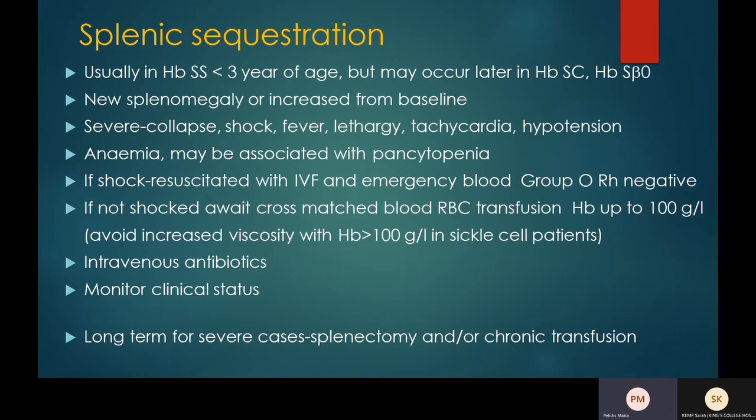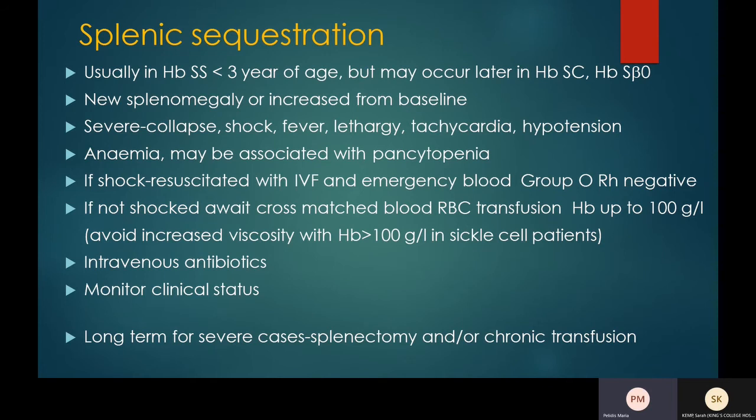Some patients present in a very severe way with collapse, shock, fever, lethargy, tachycardia, and hypotension. So often these patients are extremely ill at the time of arrival to A&E. However, sometimes they may just present with anemia or pancytopenia, but may be quite well appearing.